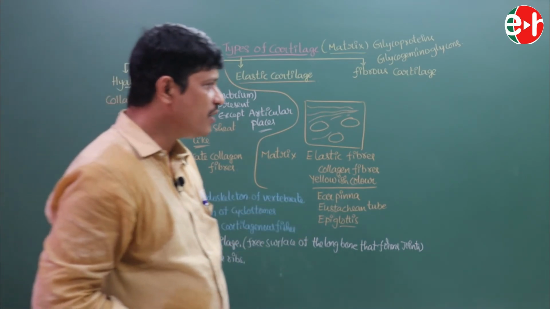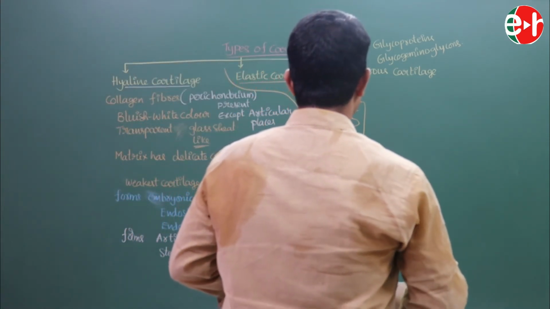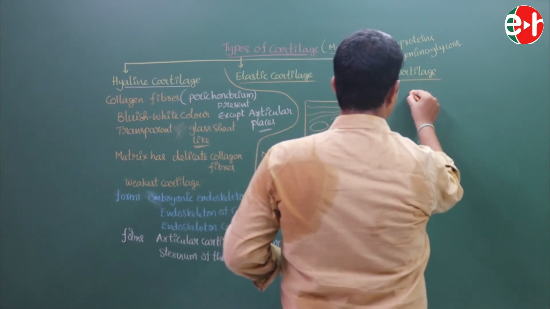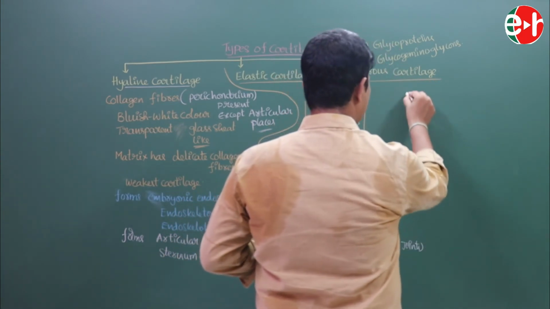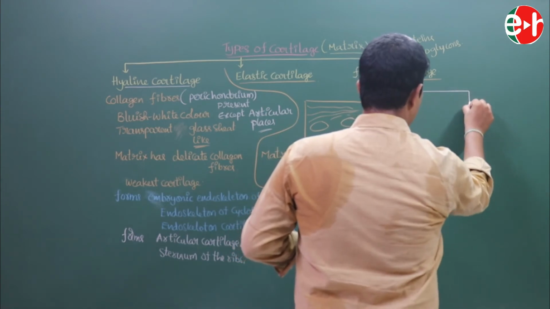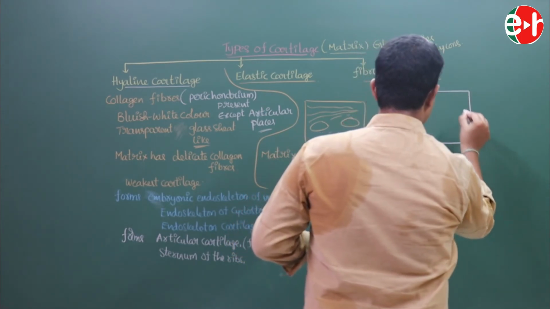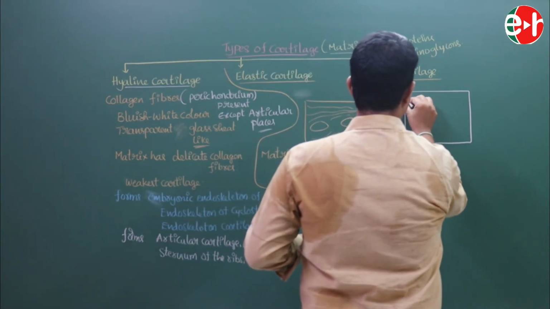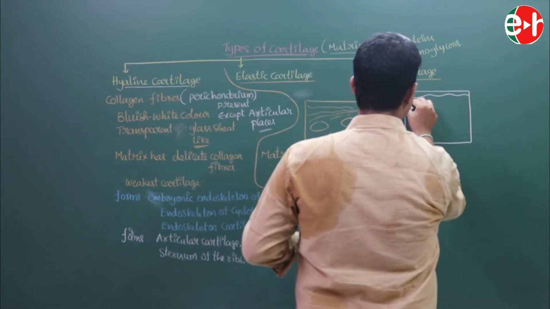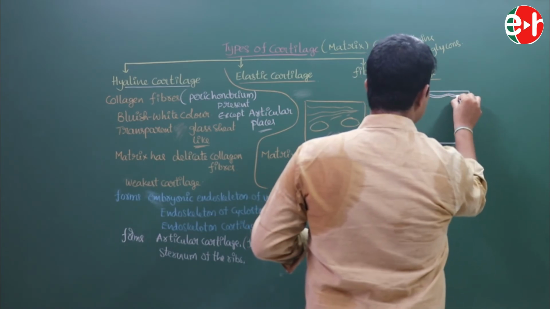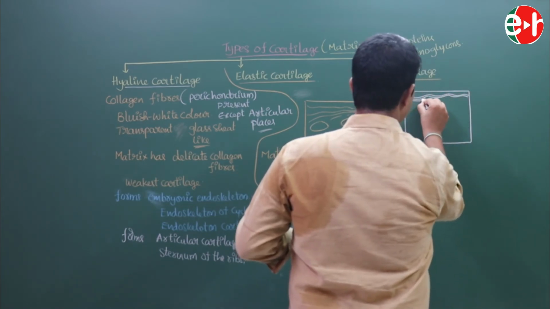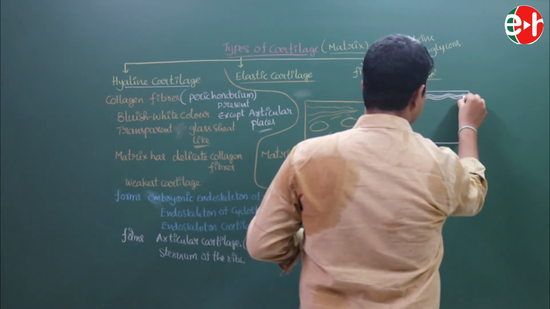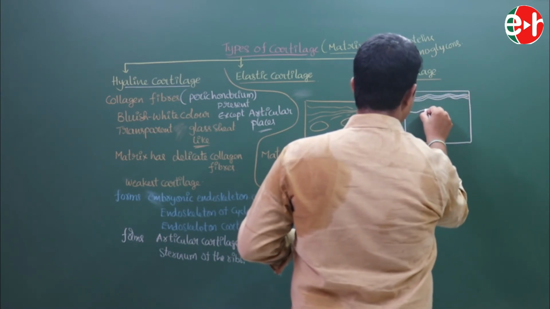Now we are going to discuss the fibrous cartilage. In this fibrous cartilage, collagen fibers are present in the matrix, arranged in bundles.